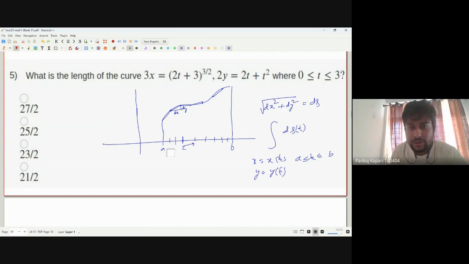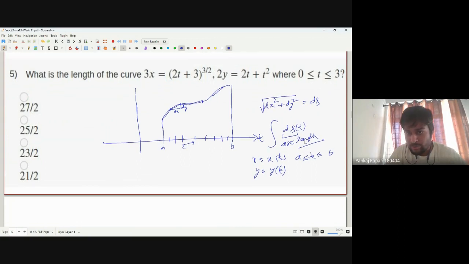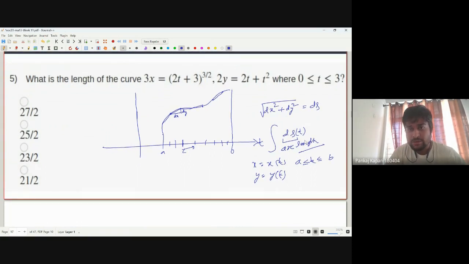Here we assume that this is our t axis, and in the xy space, this is the curve. Then you have to integrate the arc length. So this is called arc length. We'll understand this problem with the solution with this example.